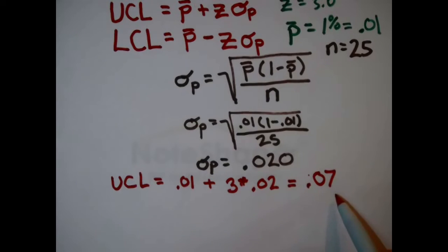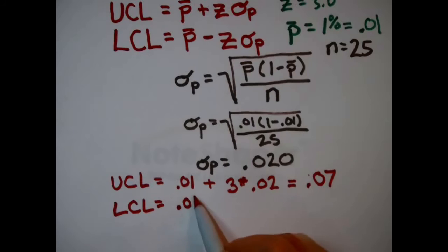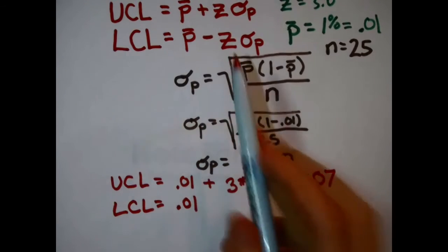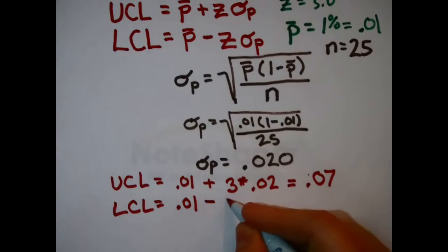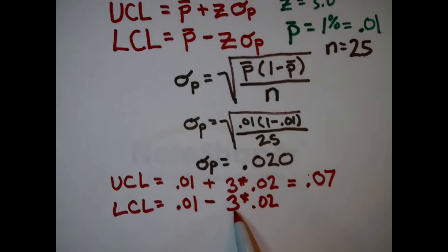That's the upper control limit, 0.07, or essentially 7%. The lower control limit, 0.01, that's the p bar, minus the same 3, that's the z we're using, times 0.02, and wait a minute, 3 times 0.02 was 0.06, right? So 0.01 minus 0.06 is a negative 0.05.